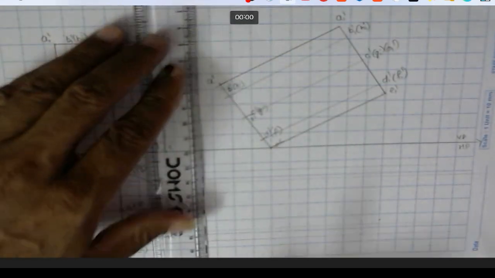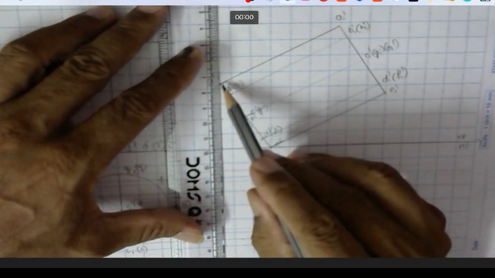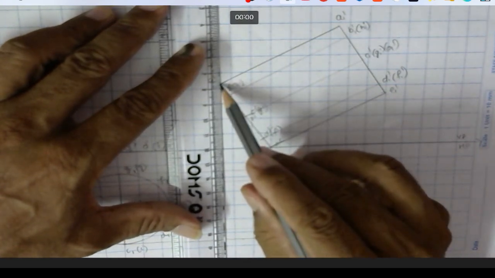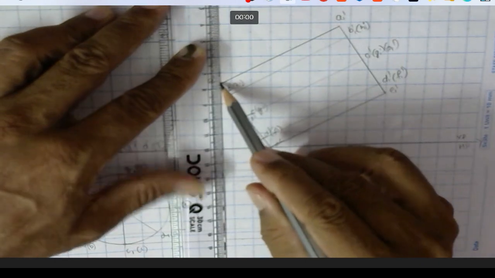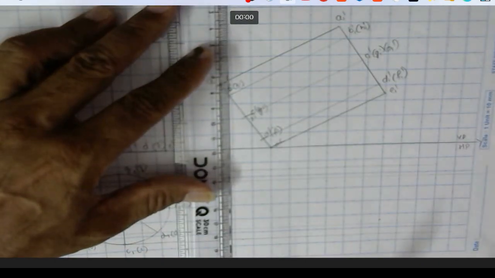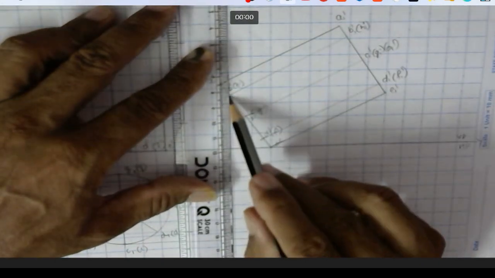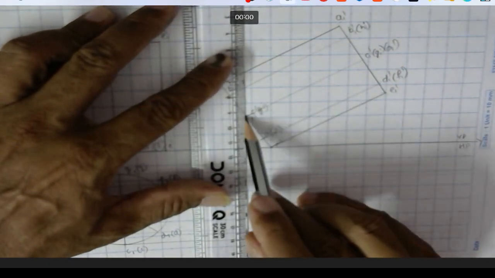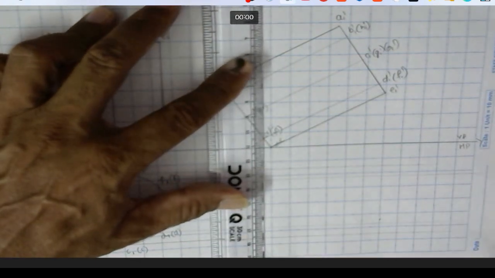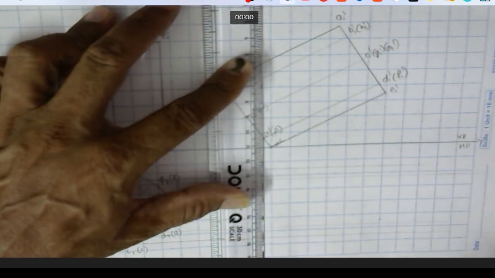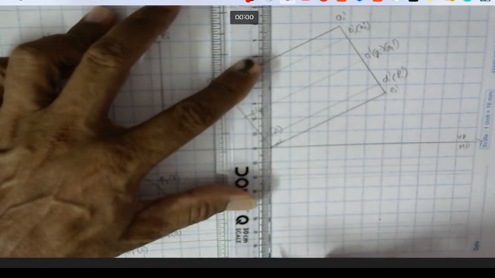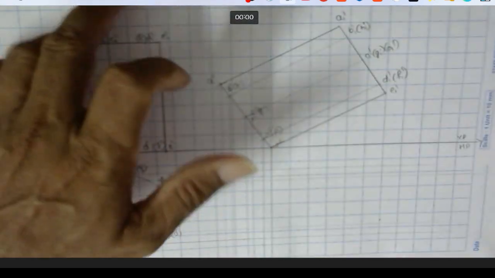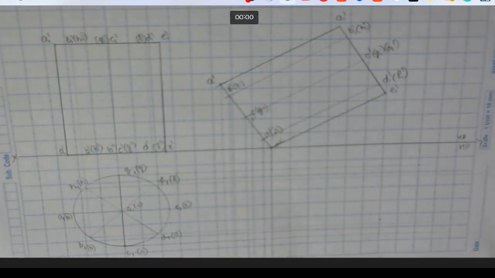So now you drop down again the base generator points below XY line.